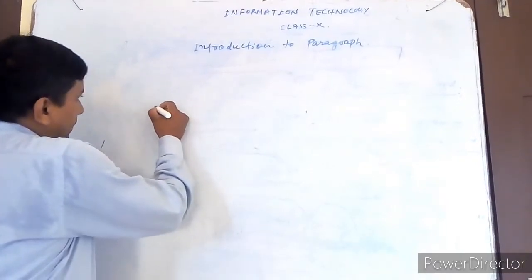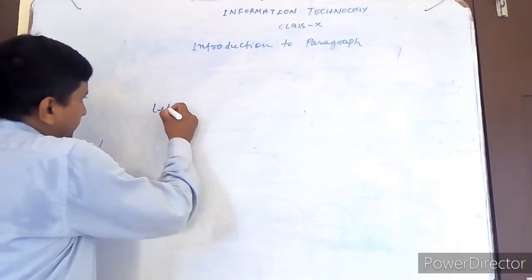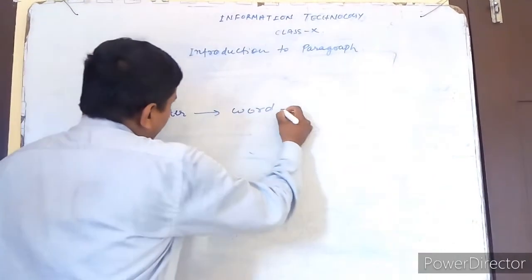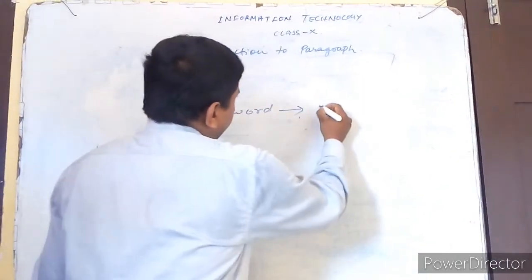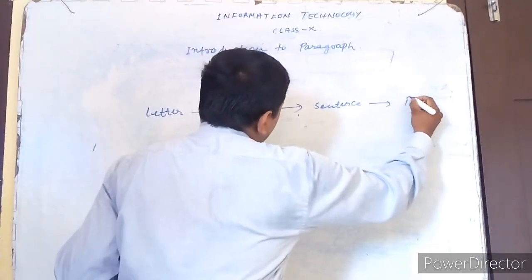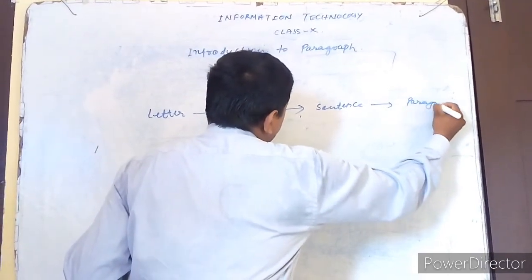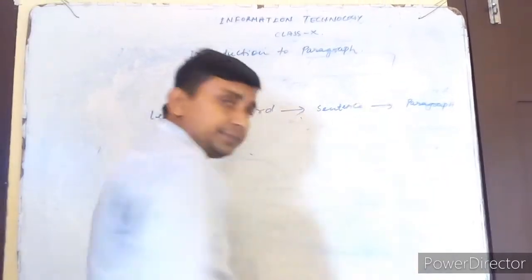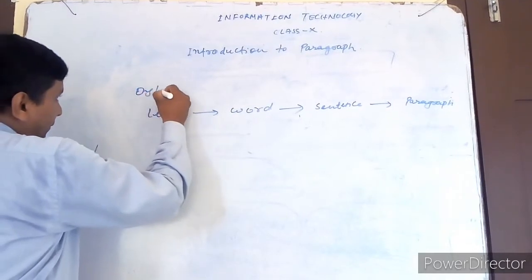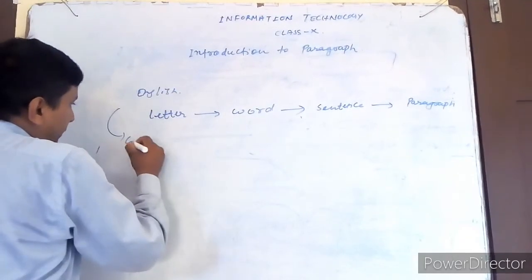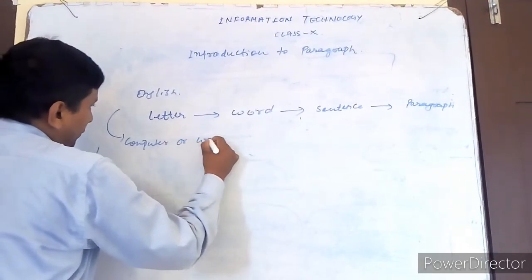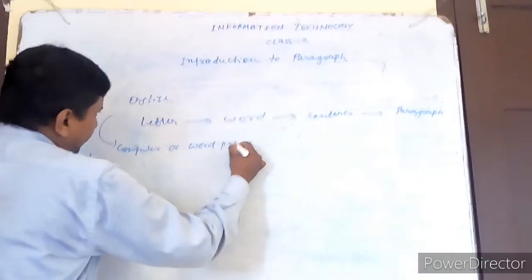Suppose letters make a word, words make a sentence, sentences make a paragraph. Is it clear? In English. But in computers, in word processing, there is a slight difference.